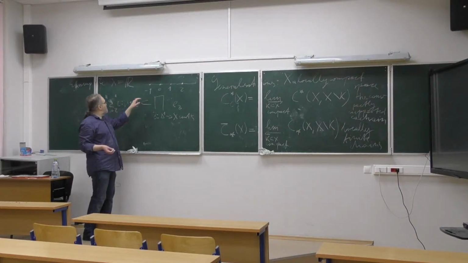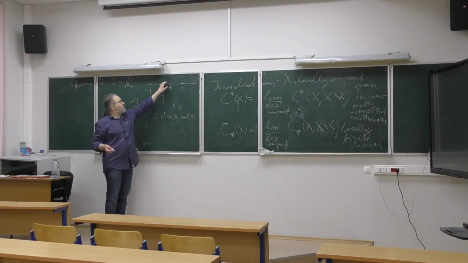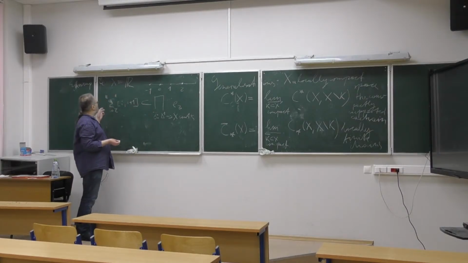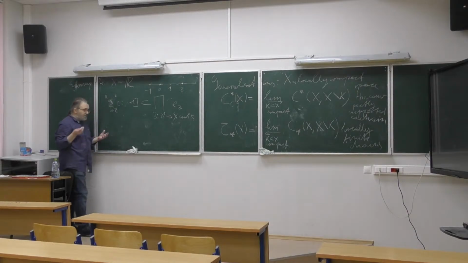What matters is, for each point of X, I have a neighborhood which intersects only one or two of these singular simplices. And this means this sum is locally finite.